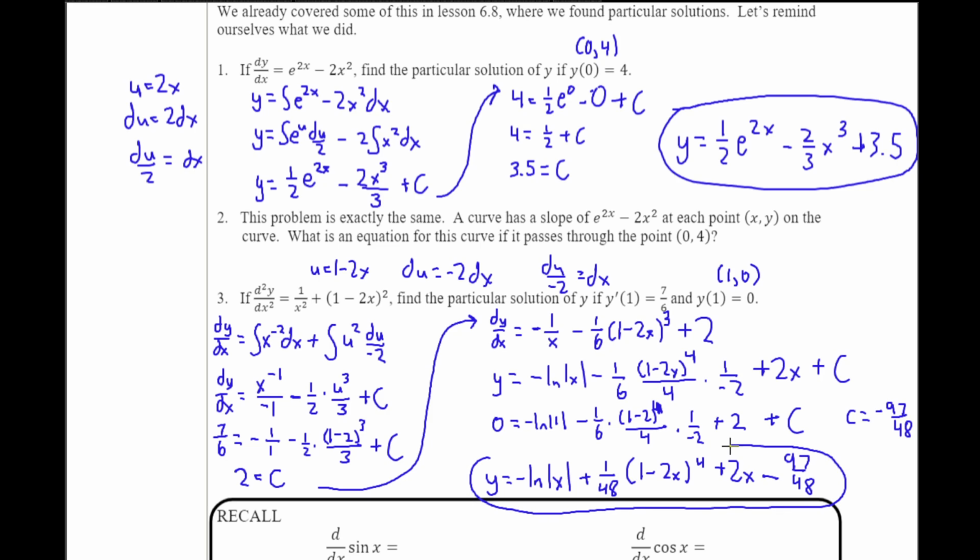That is your answer right here. A lot of algebra.